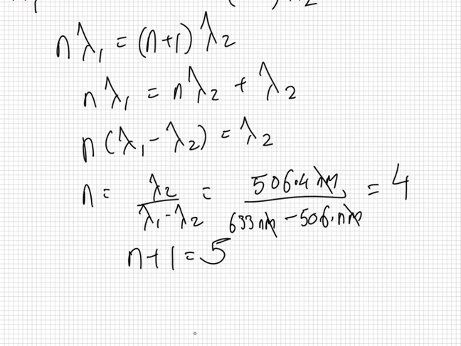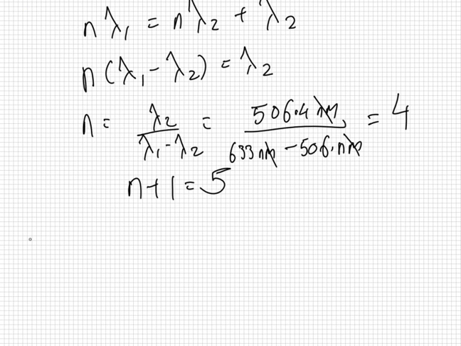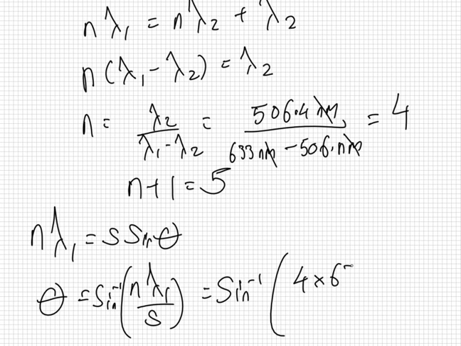So you can tell the second part is much easier than the first part. What is theta now? Let's just use this formula here. n lambda 1 equals s sine theta. So theta equals sine inverse of n lambda 1 over s, which is sine inverse of 4 times 633 times 10 to the minus 9 all over 3.33 times 10 to the minus 6.